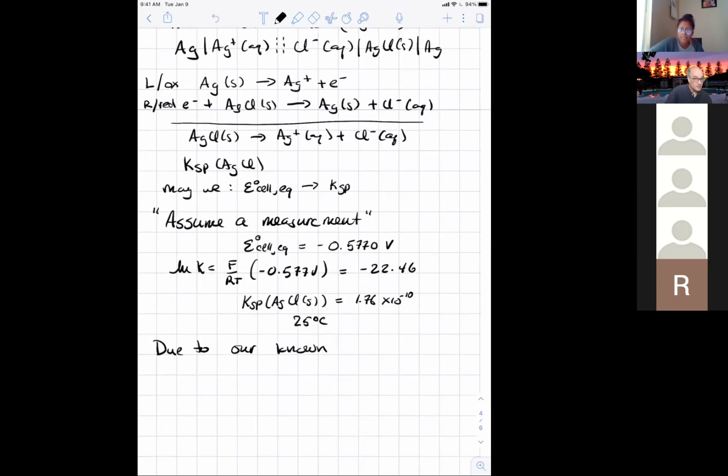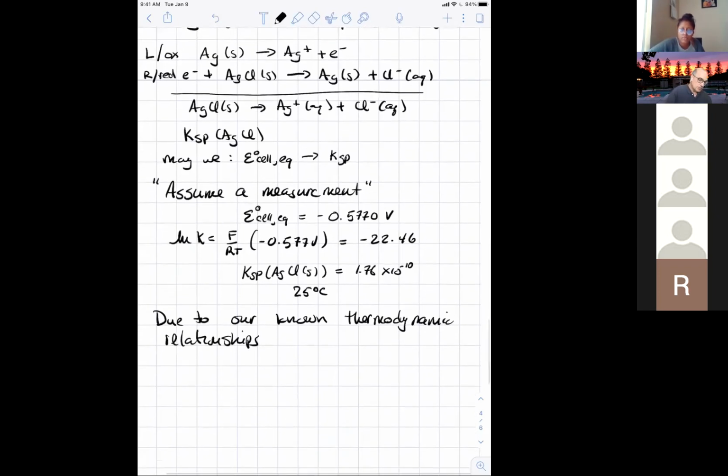All right. Once we open the floodgates here, due to our known relationships between K, delta G, delta S, and so on, we could come up with expressions like this.